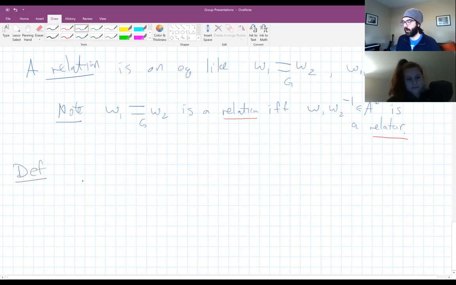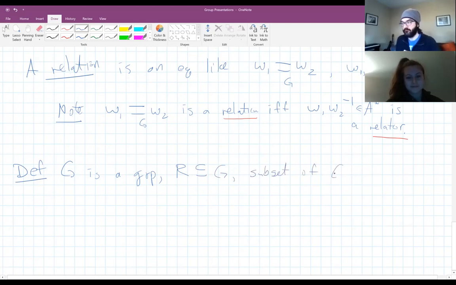Okay. So G is going to be a group and R is going to be a subset, not a subgroup, a subset of G. So we define something called the normal closure.